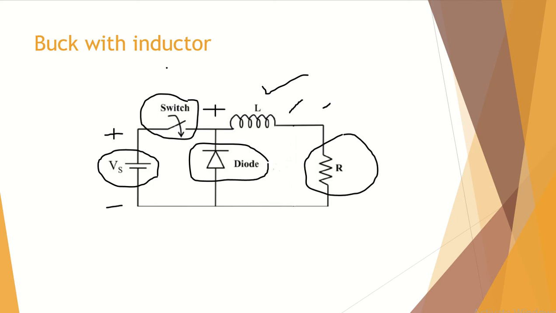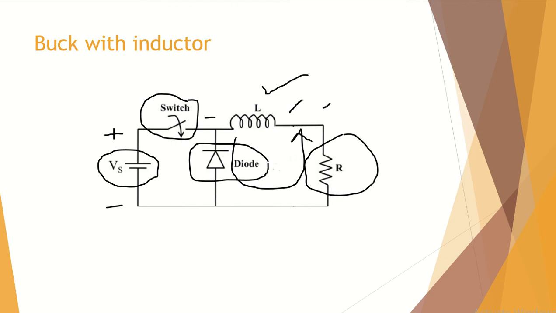Now when the switch is open, we have negative over here. The diode will be forward biased and the energy stored in the inductor can pass through this path.